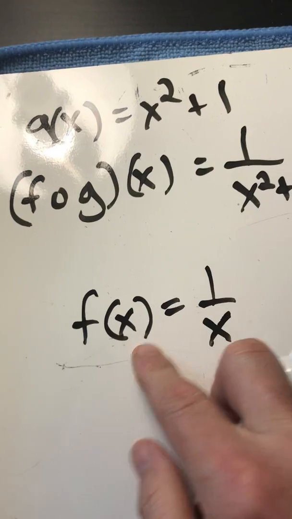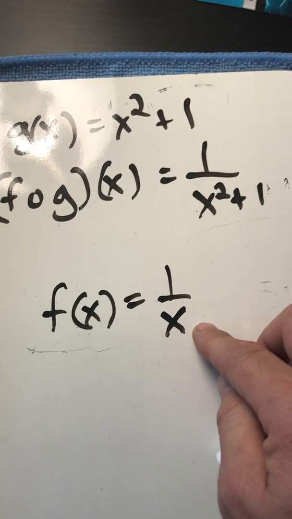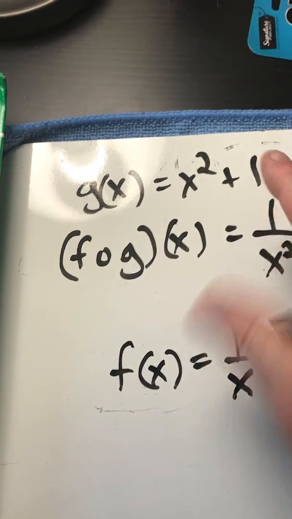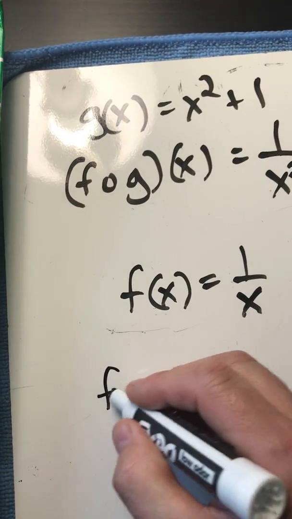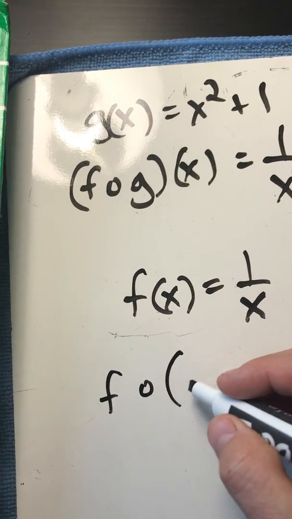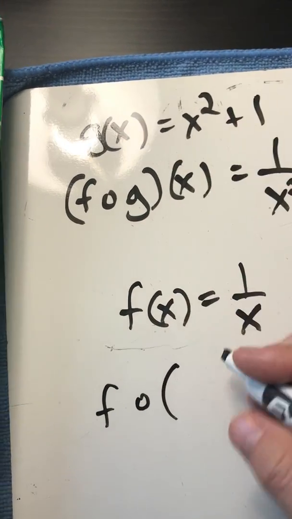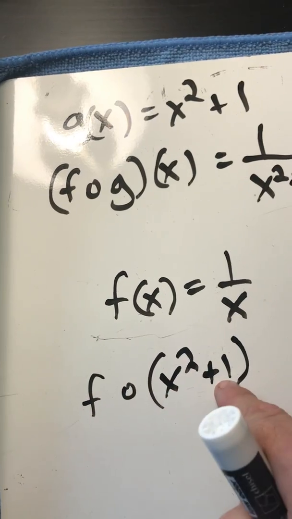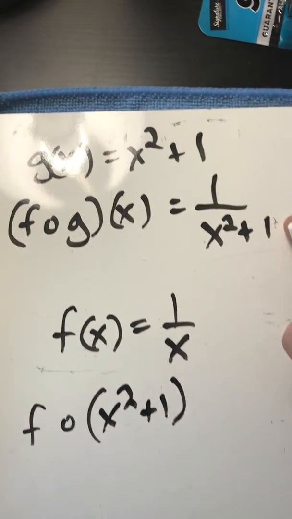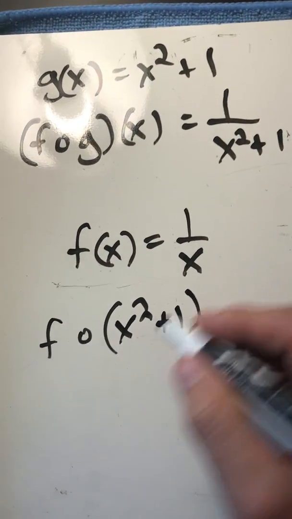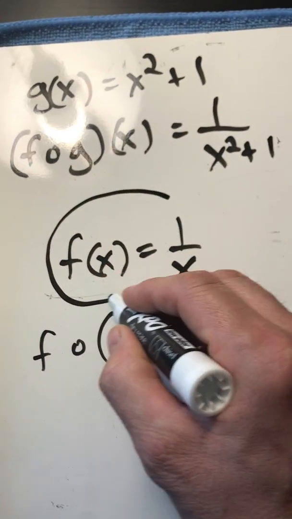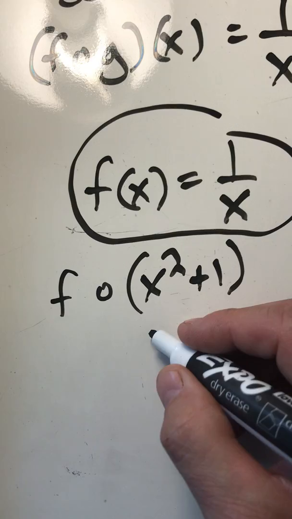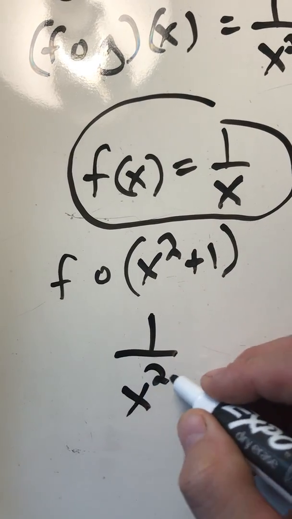F of parentheses equals 1 over the parentheses, because they tell you that g of x is x squared plus 1. So f composed of g of x, which is x squared plus 1, in order to get this answer, must be that f of x is 1 over x, which would give you 1 over x squared plus 1.